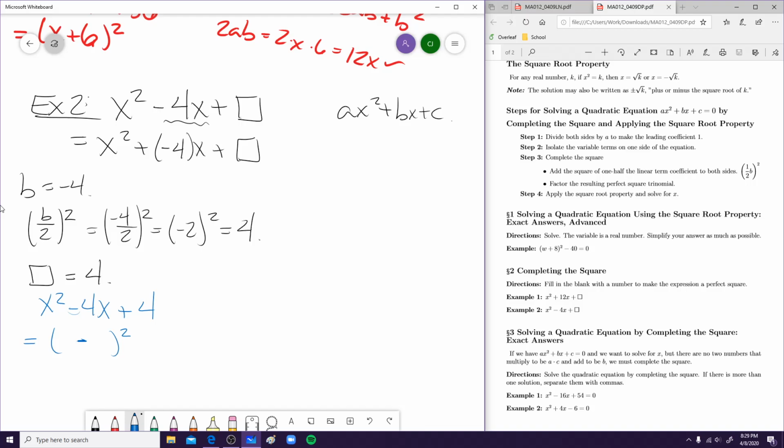The last term, 4, is a perfect square as well, because 2 times 2 is 4. For our final check, we look at the minus 2ab. This is minus 2 times x times 2, which is negative 4x, and that is exactly the same as the middle term. So we can factor this as x minus 2 quantity squared. This is how we know that this is our answer, and that is how you complete the square.